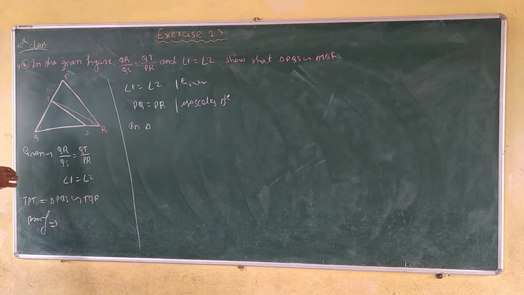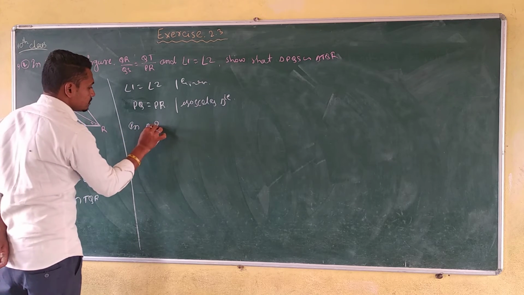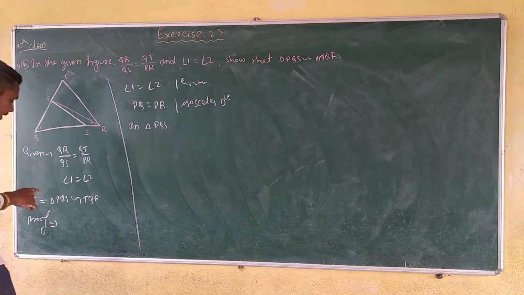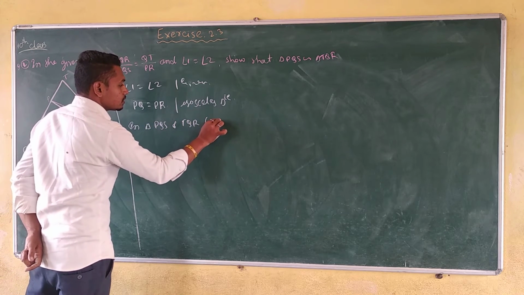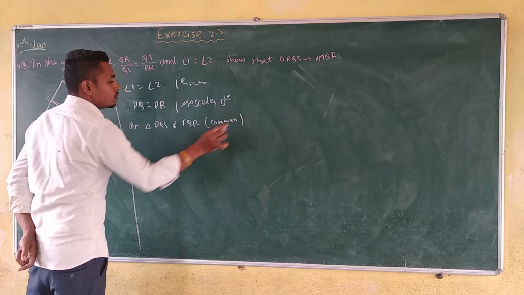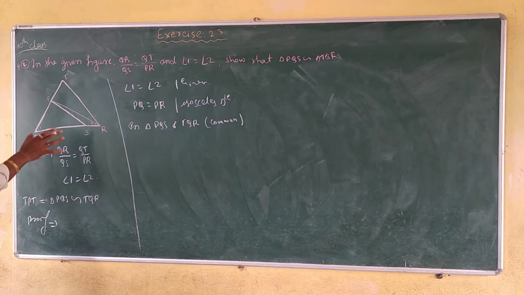So next, in triangles PQS and PQR, now we have to write their common elements.